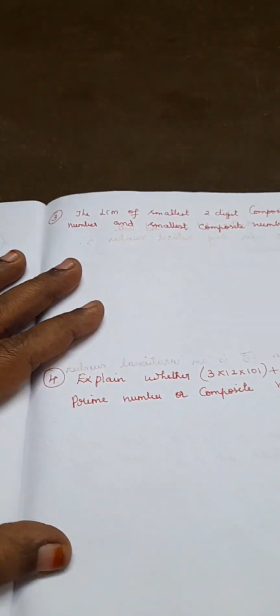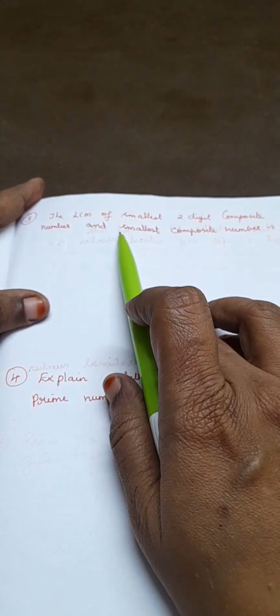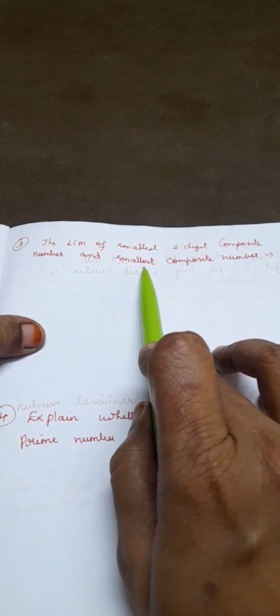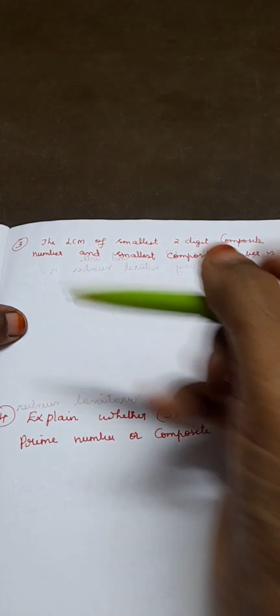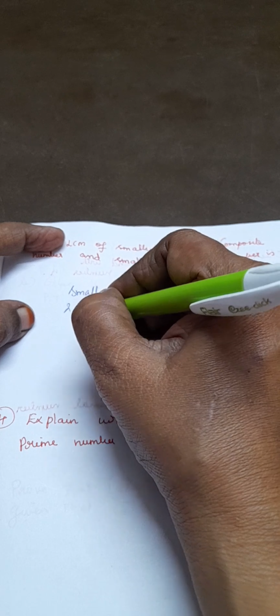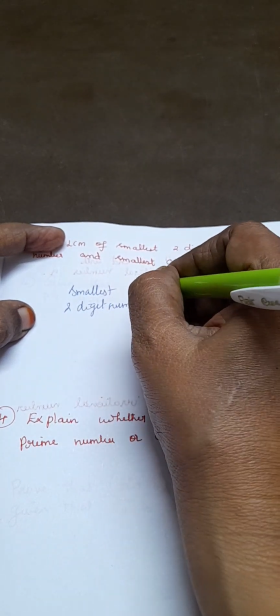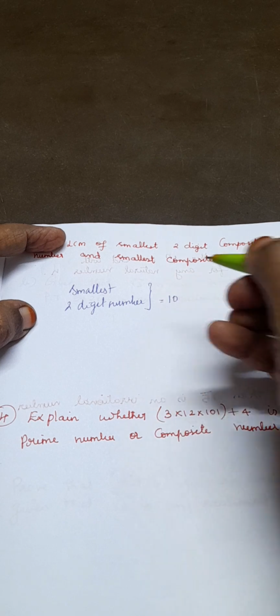The next problem is find the LCM of the smallest 2-digit composite number and the smallest composite number. What is the smallest 2-digit number? The smallest 2-digit number is 10, right? You see 10 is a composite number.